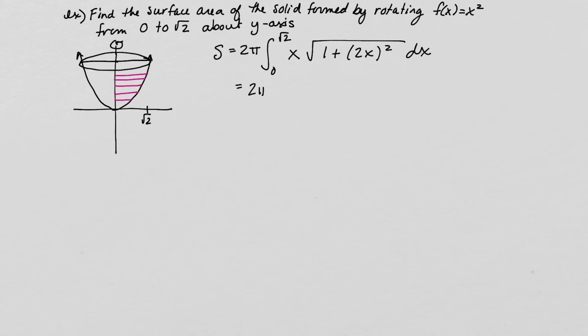So we're talking about 2 pi, the integral from 0 to square root of 2, x square root 1 plus 4x squared dx. And again, how am I going to integrate this?